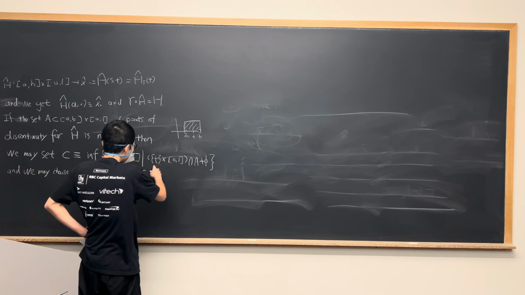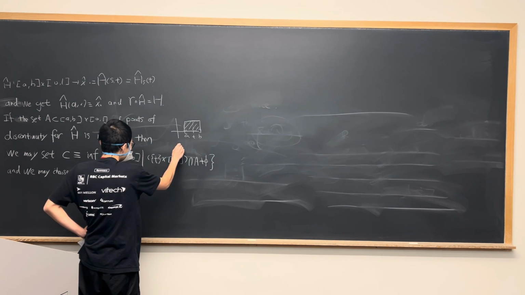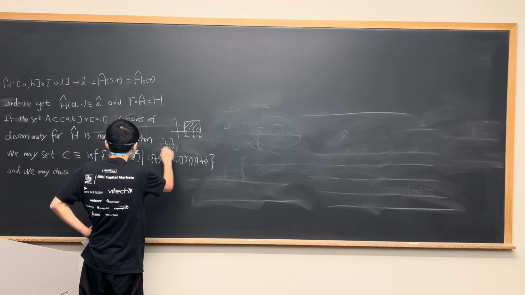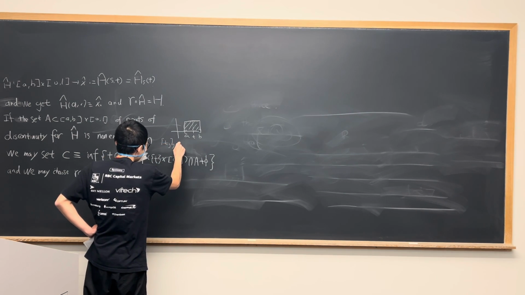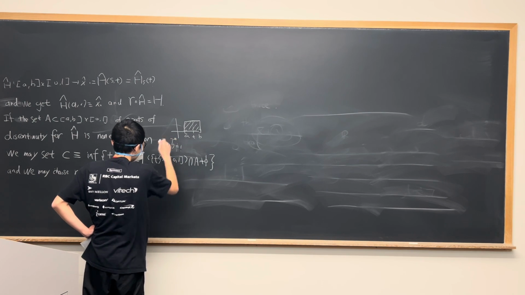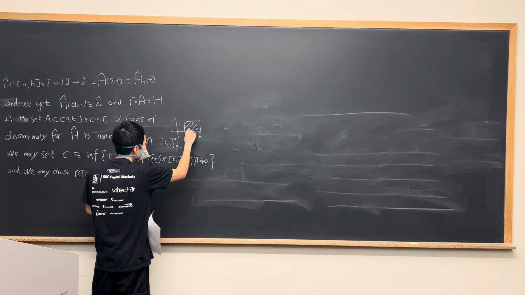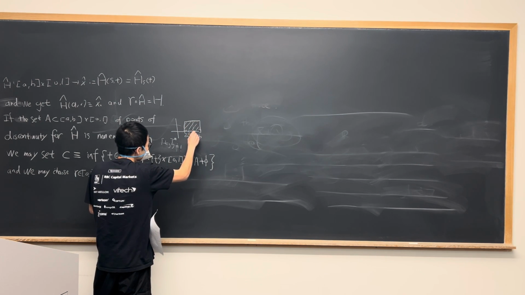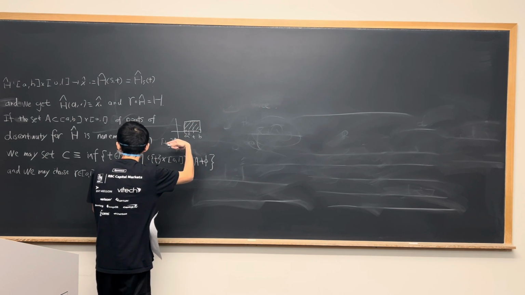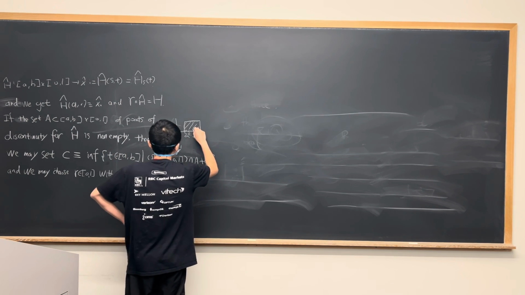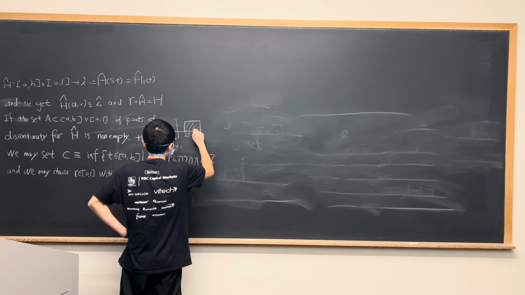So imagine that you have a sequence Tj that approaches this C, where j equals 1 to infinity. So you pick that sequence. Imagine this is the C, and then you can pick this T closer and closer to this C.